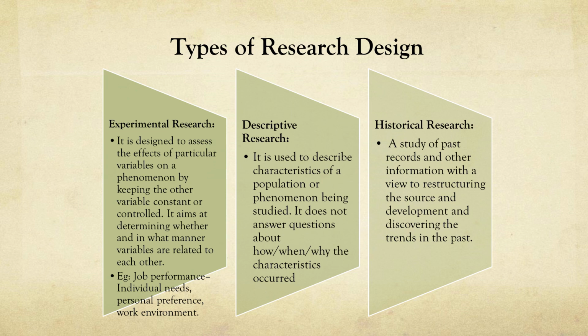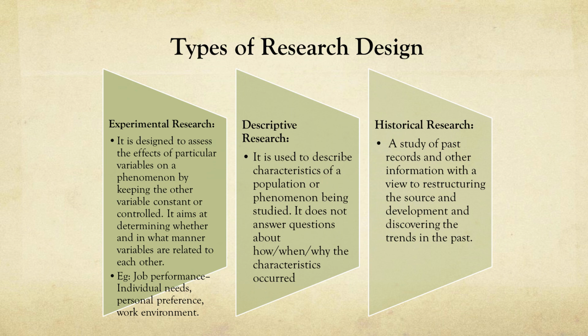So, the mathematical equation that we form is job preference equals individual needs plus personal preferences plus work environment. Now this plus can also be minus, it depends on the data that we get. Always remember, in this type of research, cause always precedes the effect.